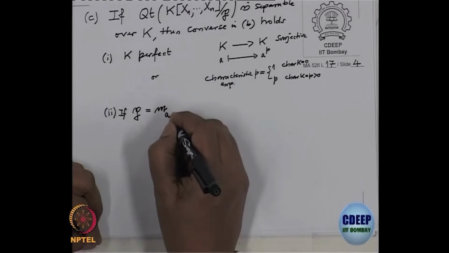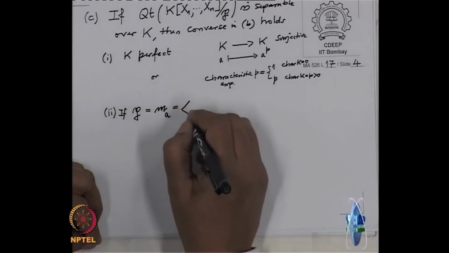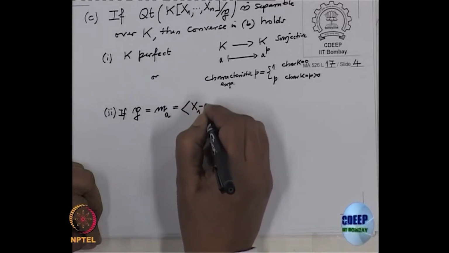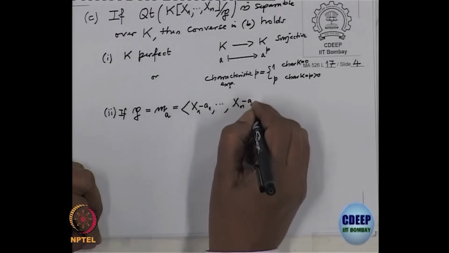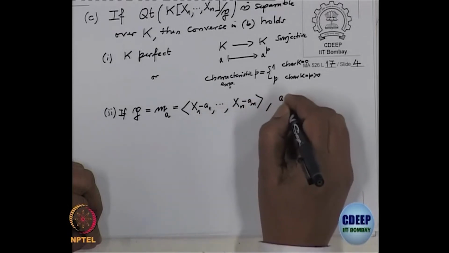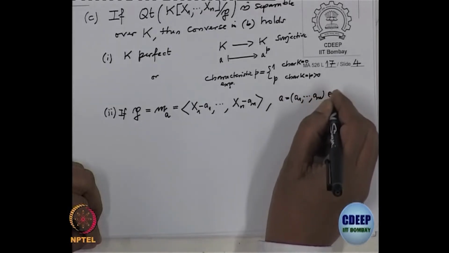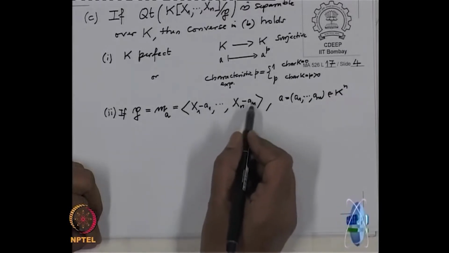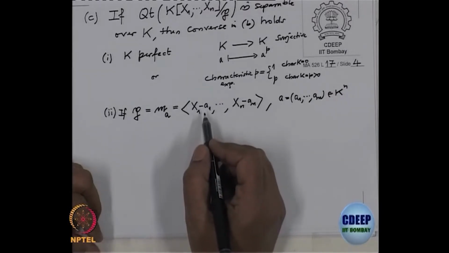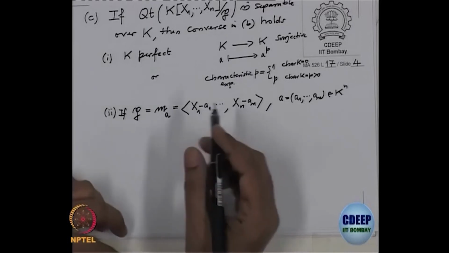That is, P is the maximal ideal generated by x1 minus a1, ..., xn minus an, where (a1, ..., an) is in K^n. These are very special maximal ideals, where the residue fields are K itself. The residue fields are not changing.